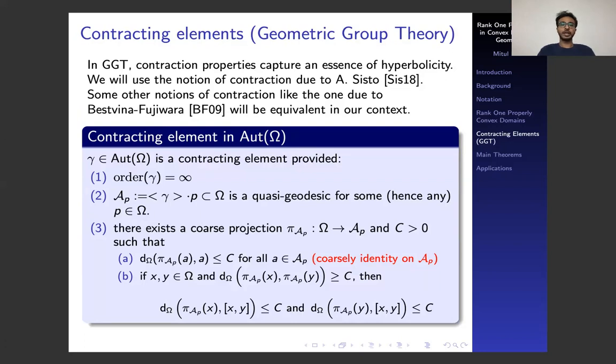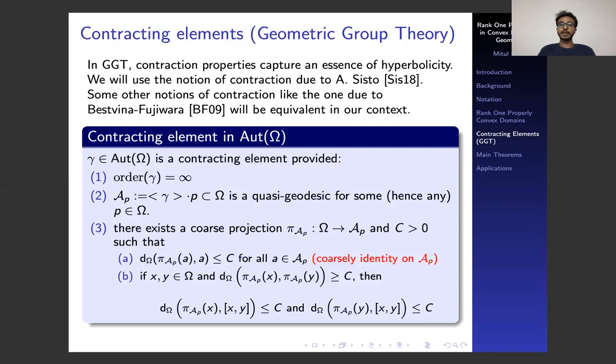Now if we take the definition of contracting element defined by Sisto and interpret it in our context, this is what the definition looks like. One, our element needs to be infinite order. Two, if we fix a base point p in omega and look at the image of the subgroup generated by gamma under this orbit map, then we will get a quasi-geodesic A_p.